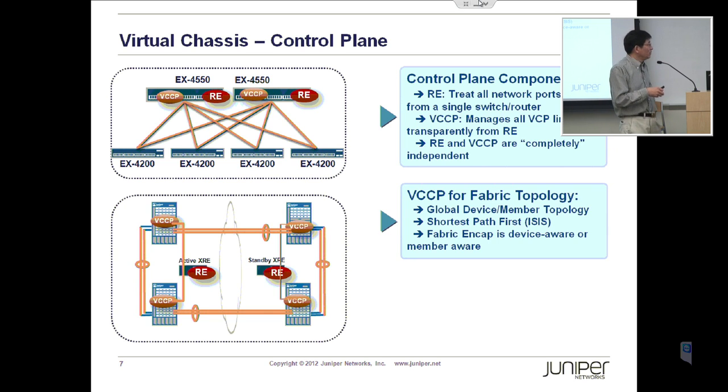So the VCCP is used for fabric topology. The topology is based on device topology or member topology, depending on the platform. For the EX4200 and 4500, we use device topology.